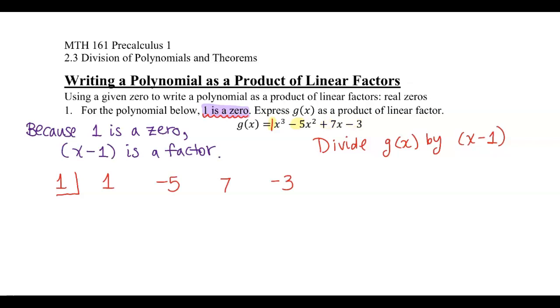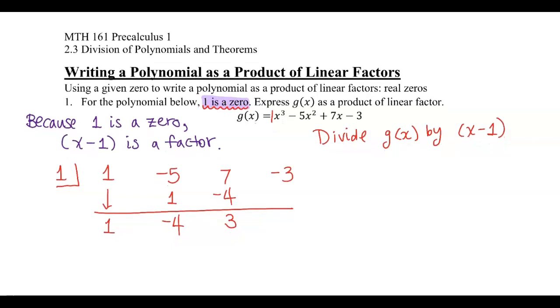Now, I am going to start the synthetic division. Bring down the 1 and multiply. 1 times 1 is 1. Add vertically to get negative 4. Multiply again to get negative 4. Add to get 0. Guys, if x minus 1 is a factor and if 1 is a 0, what should we get as a remainder if they gave us the right information?